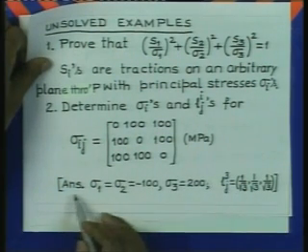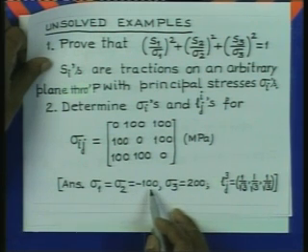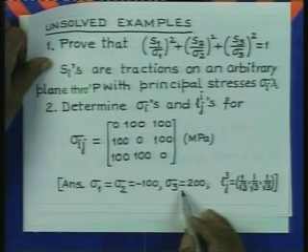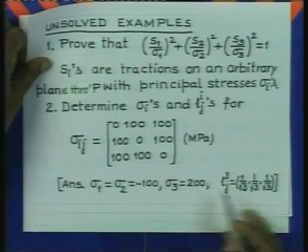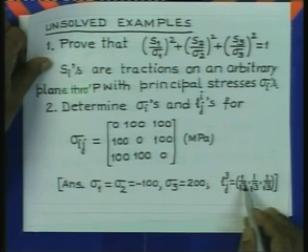And the answer for this case is sigma 1 equal to sigma 2 equal to minus 100 MPa, sigma 3 equal to 200 MPa, and the direction cosines connected with the sigma 3 stress are 1 by root 3, 1 by root 3, 1 by root 3.